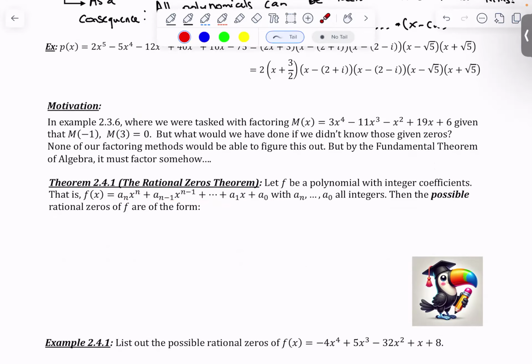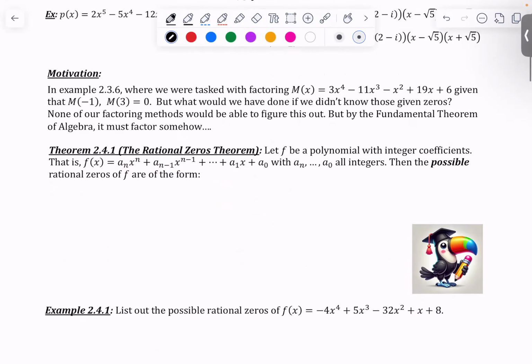Then, if it does have real zeros, they will be of the form x equals plus or minus p sub 0 over q sub n, which I'm going to rewrite as plus or minus factors of a sub 0 over factors of a sub n. So, they're going to be of the form plus or minus a factor of the constant term divided by a factor of the leading coefficient.